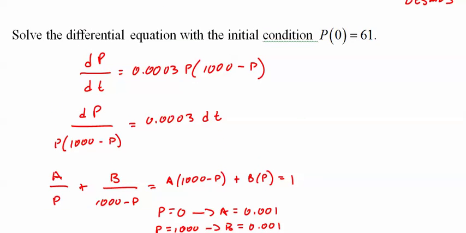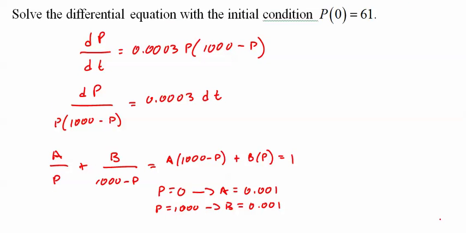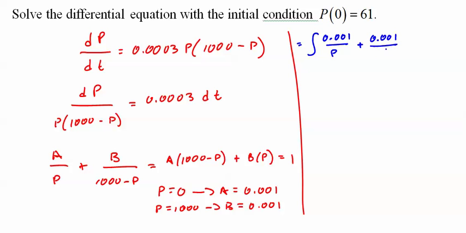So here's our differential equation we're going to mess with. Running very much out of space. Integral of 0.001 over P plus 0.001 over 1,000 minus P with respect to P, and that equals 0.0003 dt. Barely fitting that in.